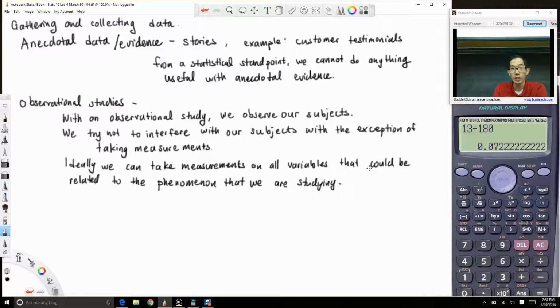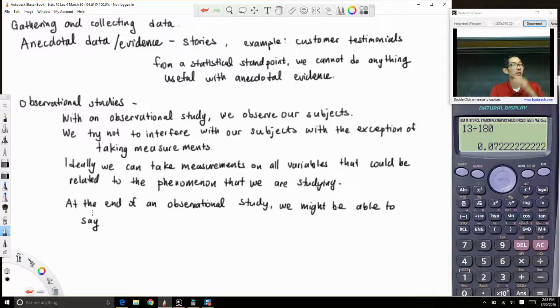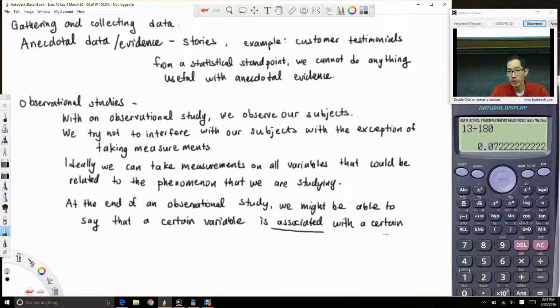And at the end of an observational study, we might be able to say that a certain variable is associated with a certain outcome.